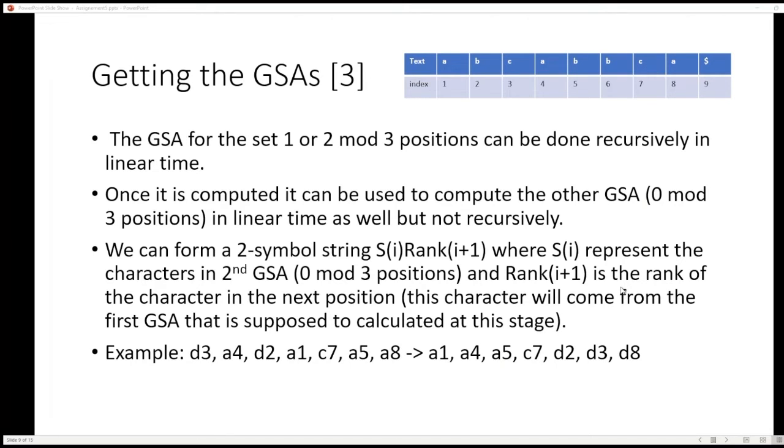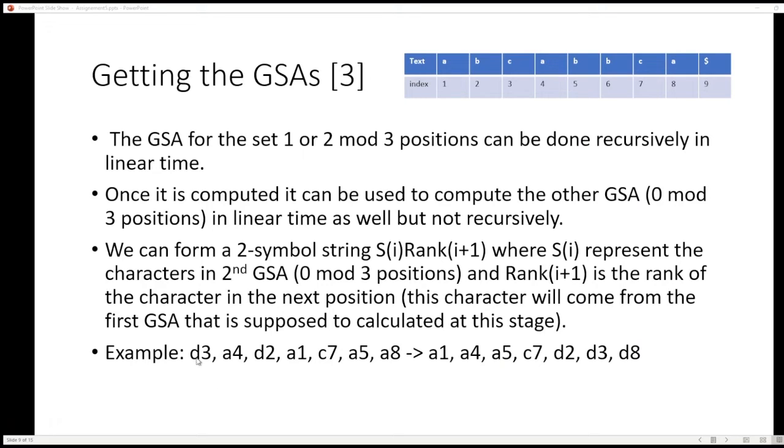The rank_{i+1} can be obtained from the first GSA, since it is supposed to be calculated at this stage. For example, if we have position 3, then the rank of the next position can be obtained from position 4, which is already computed in the first GSA, which represents the 1 or 2 mod 3 positions.